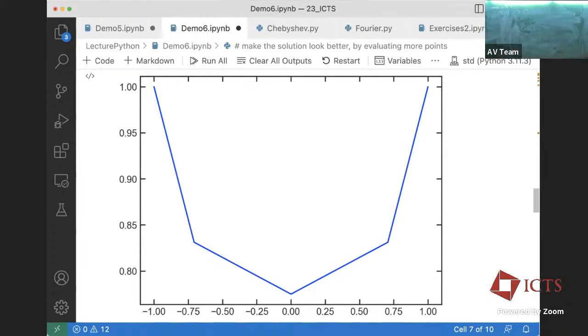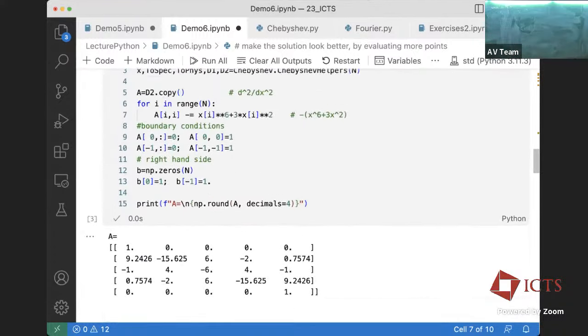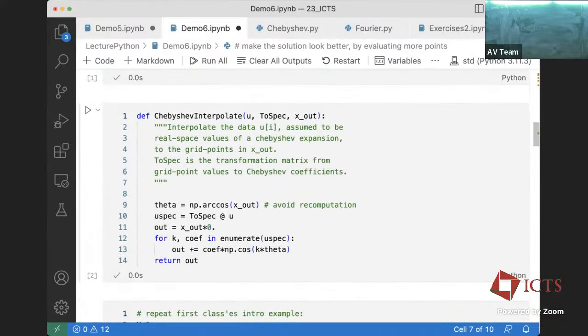To make the plots look nicer, we have to interpolate our 5-point solution to more intermediate points. At some point, I got tired of this, and so I actually wrote a little function here that takes function values u and an output grid x, and it computes the spectral coefficients, and then it sums up all the spectral coefficients.